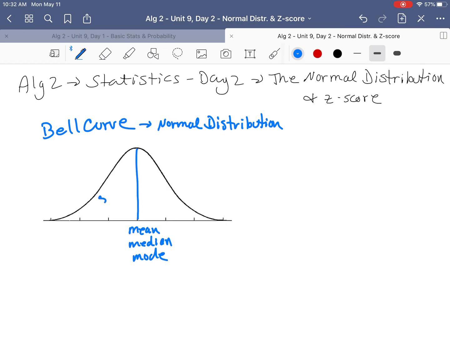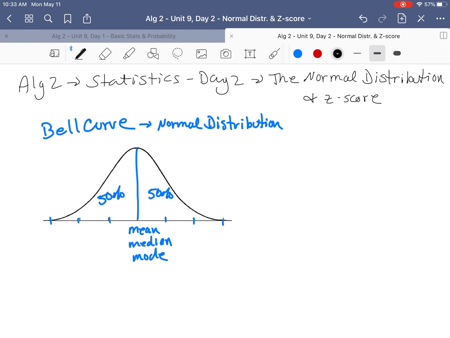And 50% of your data points lie below the mean, median, and mode, and 50% lie above it. All right, and you see these little marks here. Those are called standard deviation marks, and we'll talk about those later, but don't worry about them for now.